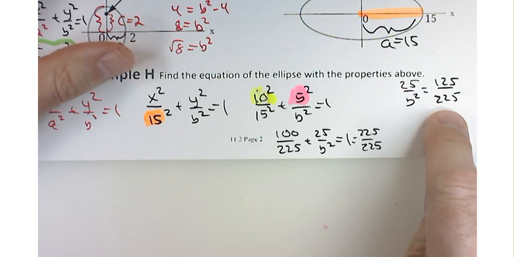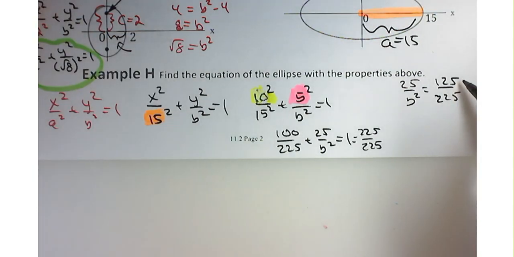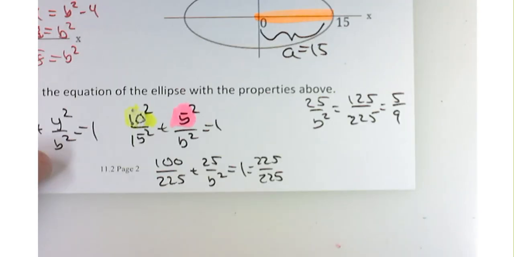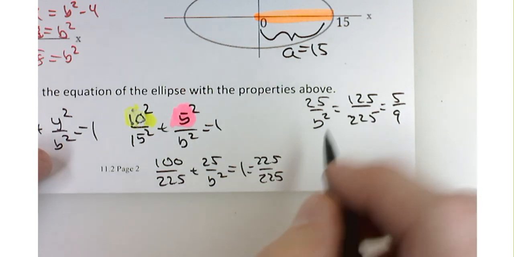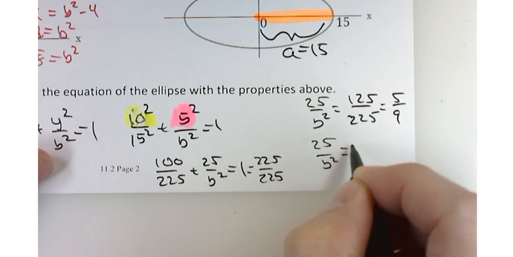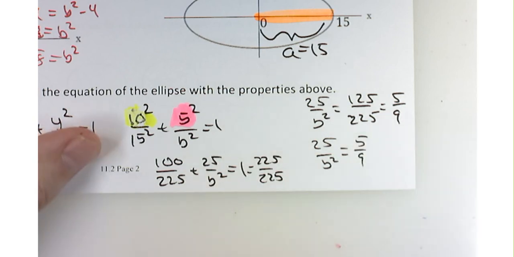Now I could, if I wanted to, put that in lowest terms. 25 goes into each of these. That's going to be 5 over 9. Make my life a little bit easier with respect to solving. If I have 25 over b squared equals 5 over 9, what could you do here?